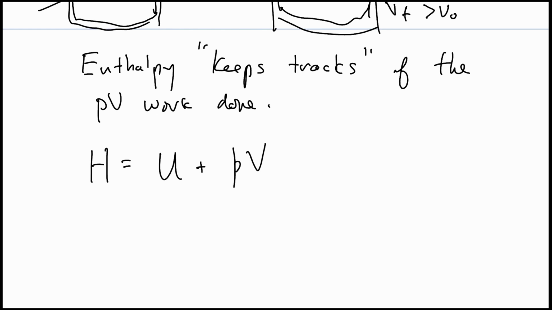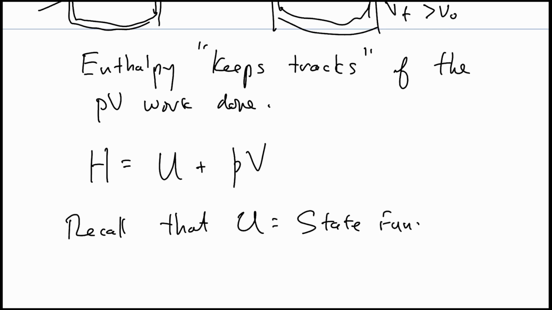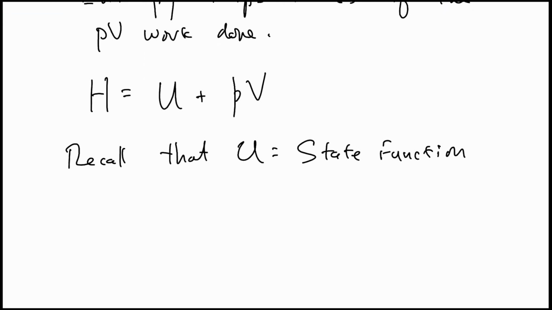And recall that U is this thing we're calling a state function, and we'll talk about this. It's coming up, but we've already introduced this idea, meaning I have U as a function of T and V, and if I tell you what T and V are, then you know what U is. So that's not true of heat and work. That's really the path-dependent things.